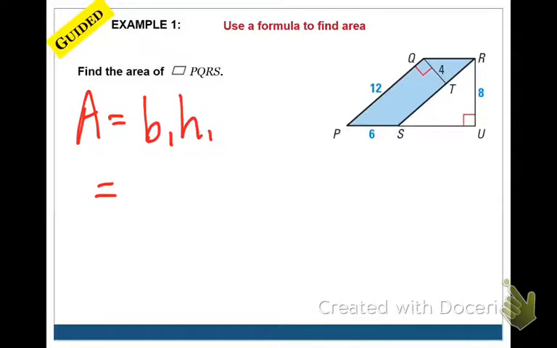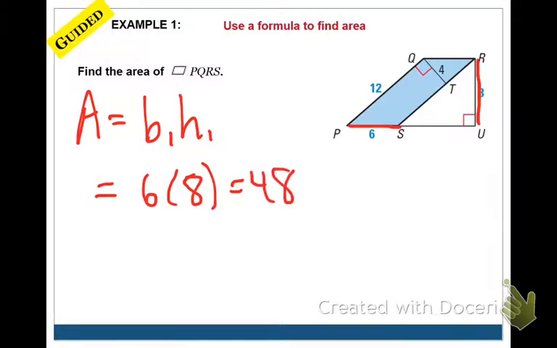I can use 6 as the base and 8 as the height. There is 6 times 8, which is equal to 48 units squared. That's one way I could do it.